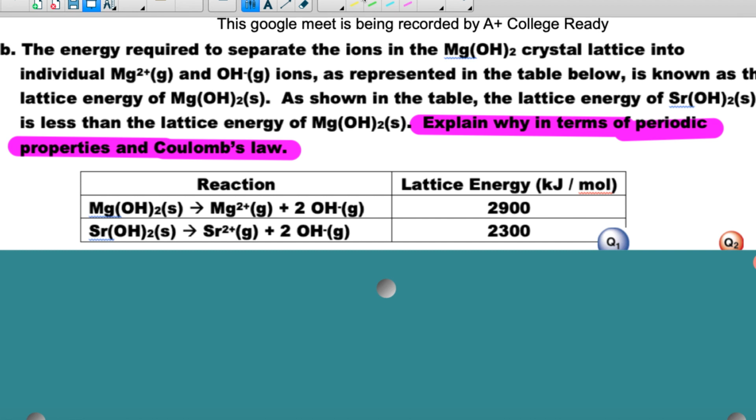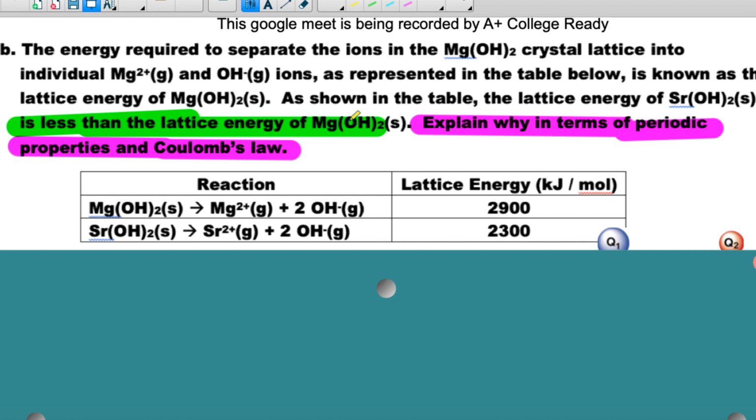So we know how they want us to argue, but what do they want us to argue about? They are telling you that the lattice energy of SrOH2 is less than the lattice energy of MgOH2. So that's their claim. The claim is that the lattice energy of SrOH2 is less than the lattice energy of MgOH2.